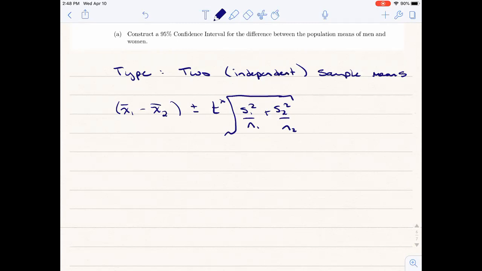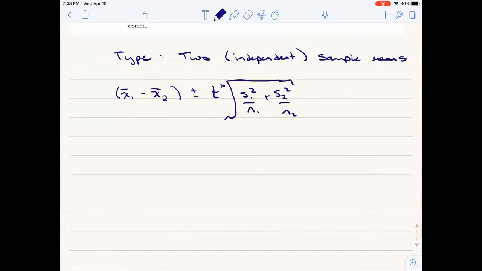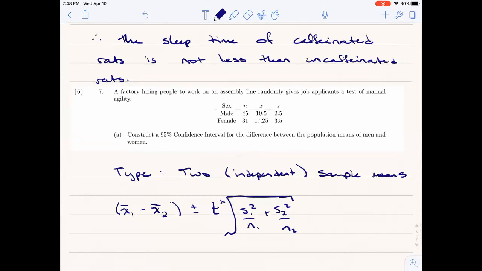So you want to take your time doing this calculation. If we let the males be group 1 and the females be group 2, just because that's how I read, we've got x1 bar, s1, n1, and then we have x2 bar, s2, and n2. So the only thing that we need is our t star, right?